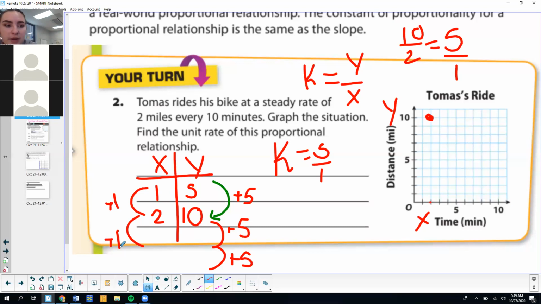So we can use this information to help us plot points on a graph as well. So if we're growing by 1 each time, growing by 5 each time, you could continue to make a table like this. So you can continue. This is saying in 4 minutes, he's going to go 20 miles, that kind of thing, which is kind of far, but I guess he's biking, so that makes sense.